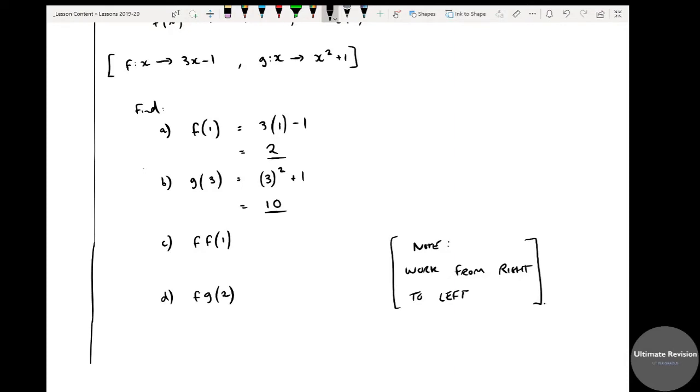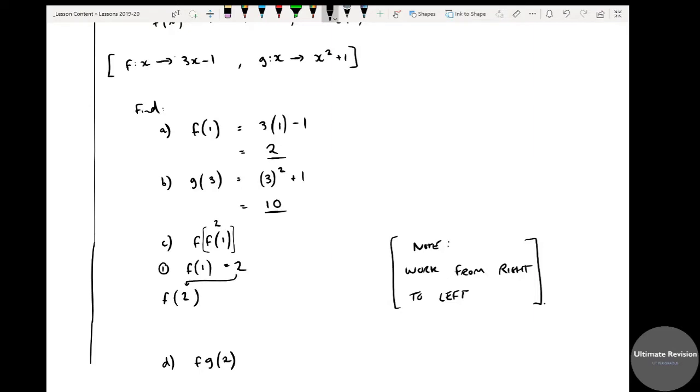So what I mean by that is, we start from, so step 1, we work out what f of 1 is. I know f of 1 is 2. Then I put a 2 there. Now I'm going to do f of 2, my answer.